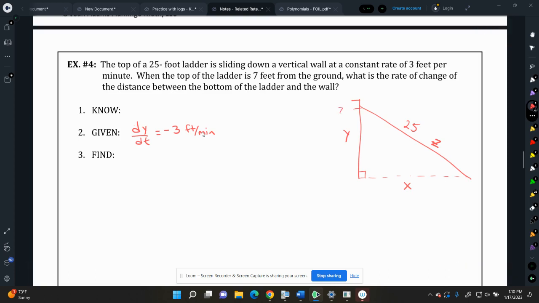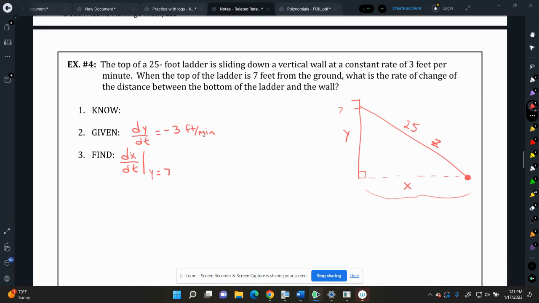So what are we looking for? The rate of change of the distance between the bottom of the ladder and the wall. So that's this distance here. We're looking for dx/dt when y equals 7.